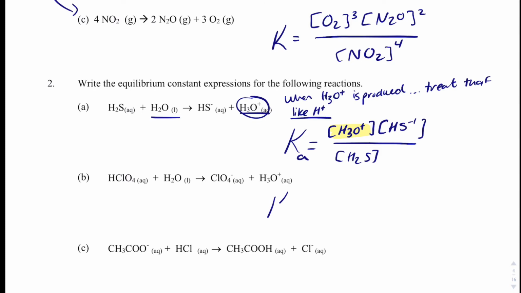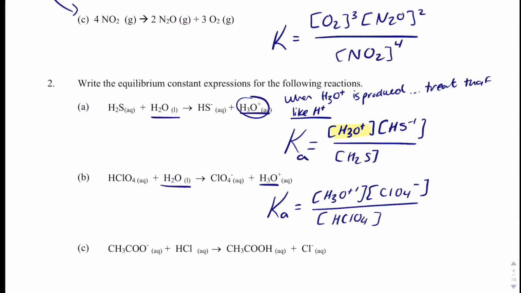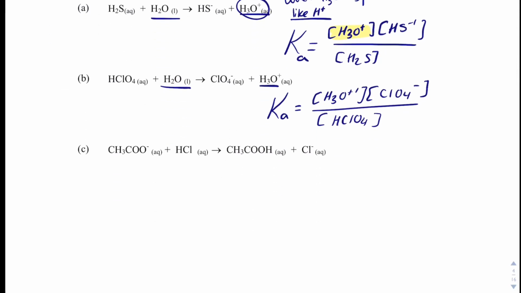Okay, same thing is going to be true in B because I have H3O plus, so I'll say H3O plus. The coefficients in an acid-base reaction are almost always 1, so that's kind of nice, we don't have to worry too much about coefficients here. And then again, water is a liquid, so it won't be included. And this part C would just be a K expression because we don't have H3O plus produced.